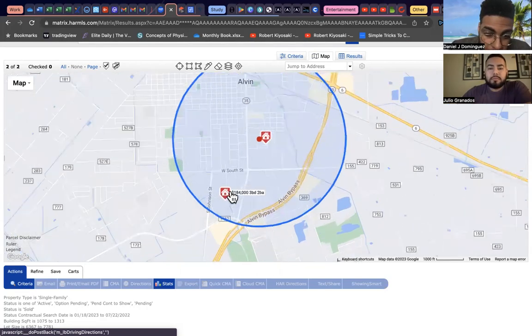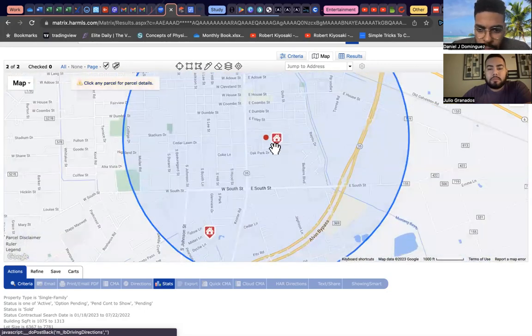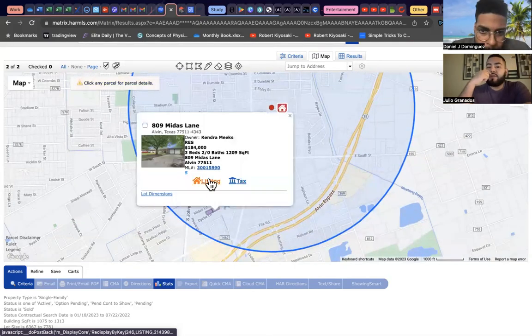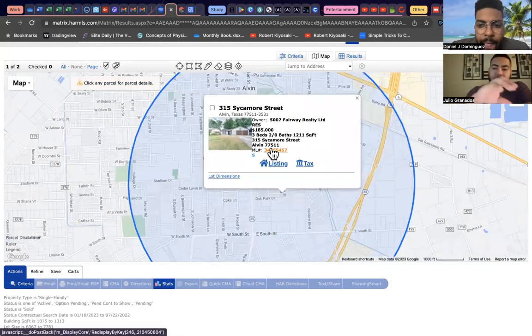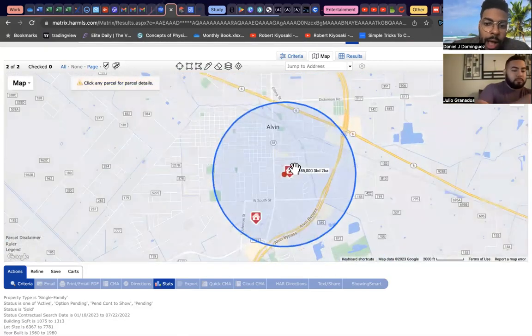I look at this property, I'm like, okay, that's a good comp, but it's kind of far and it's crossing two major streets. So let me ask you this, Daniel. This is where I'm like, should I still do it or not? Let's say that's the only thing you could compare it with, would you consider comparing it with that one? If it's the only thing I can compare it to, I would.